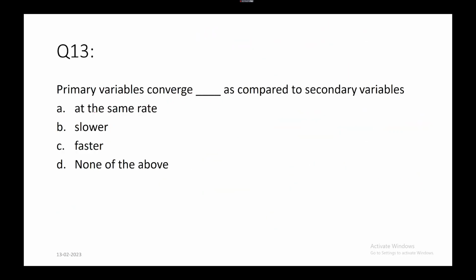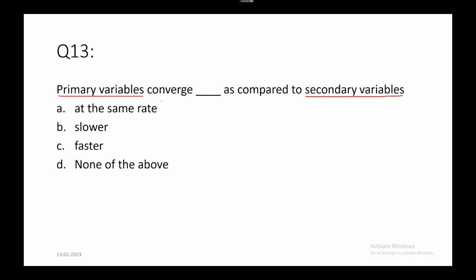So we have come to the next question. Primary variables converge blank as compared to secondary variables. So there is something called primary variables and something called secondary variables. Do primary variables converge at the same rate, slower or faster, or cannot say, none of the above?